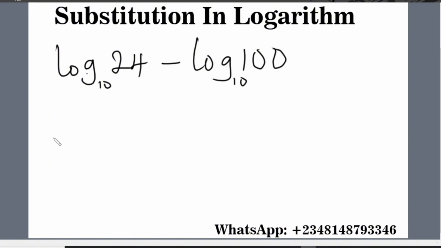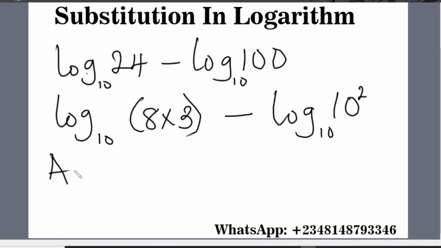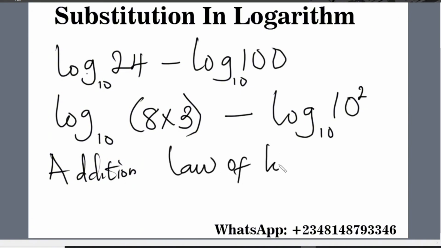Now, 24 is the same thing as 8 multiplied by 3 to base 10. Then minus log 100 is the same thing as 10 raised to power 2 to base 10. Now, the next task is to apply the addition law of logarithm.